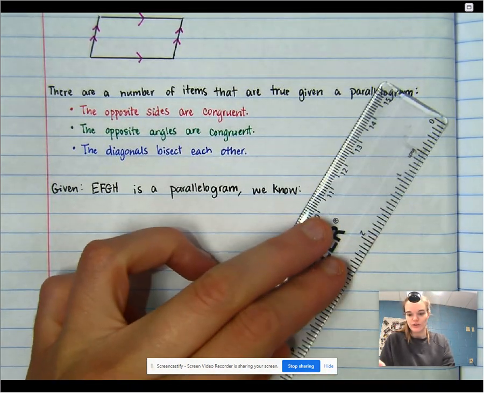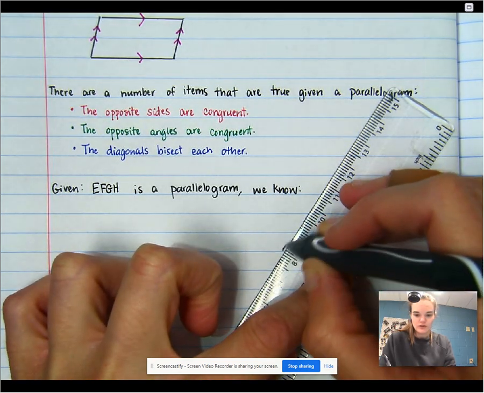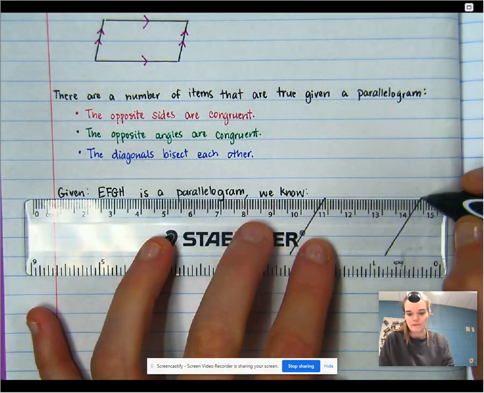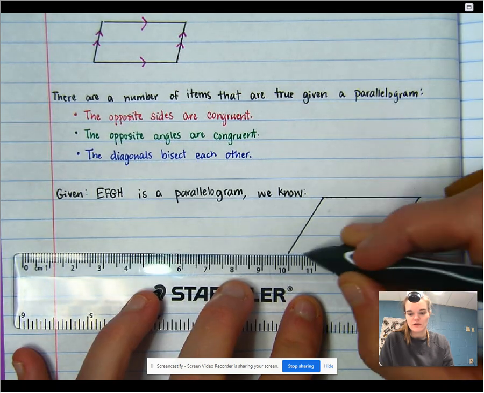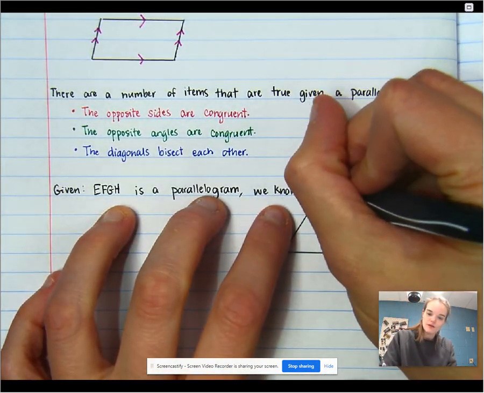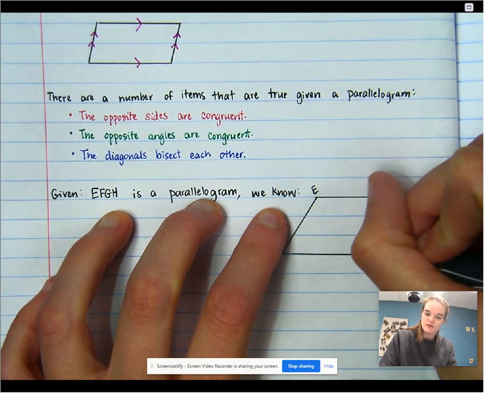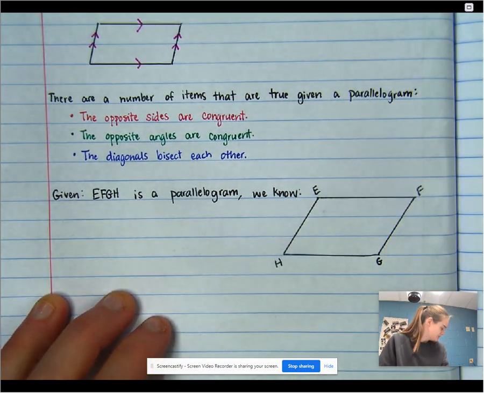To make this one 3 boxes long, so I've got enough room here. E, F, G, H. It is a parallelogram.